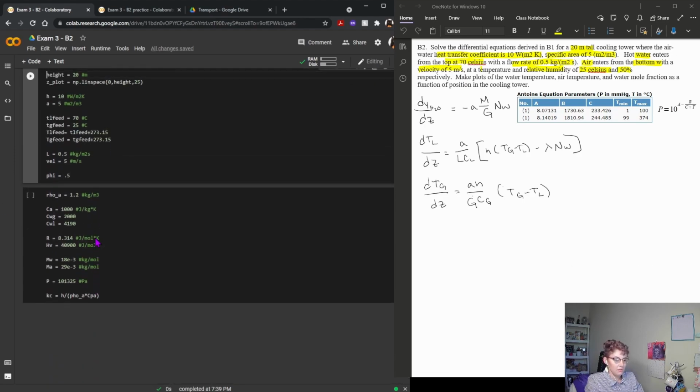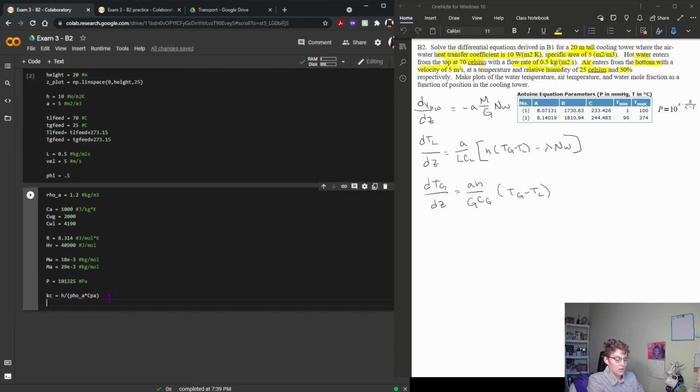Now that we have this function defined, we can go ahead and write a function for our mole fraction of the water. So we're just going to call this YH2O feed, and that will be the relative humidity times the saturated pressure.